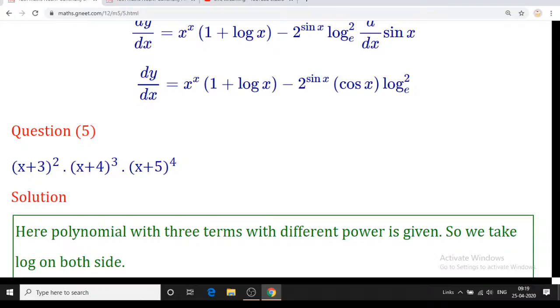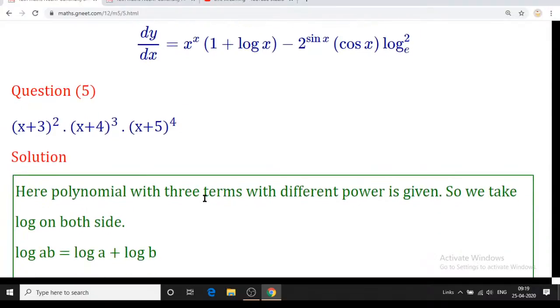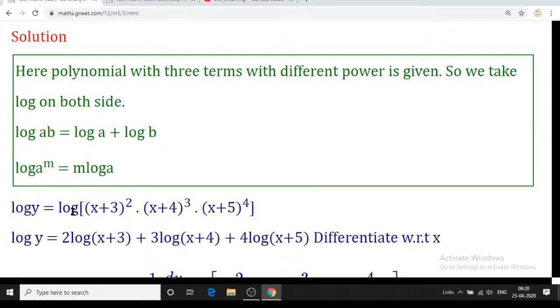Okay, now we will start with question number 5. Here multiplication is there. So we will take a log y. When we take a log, here what will happen?